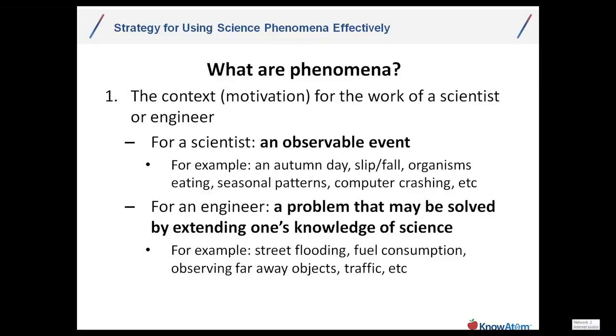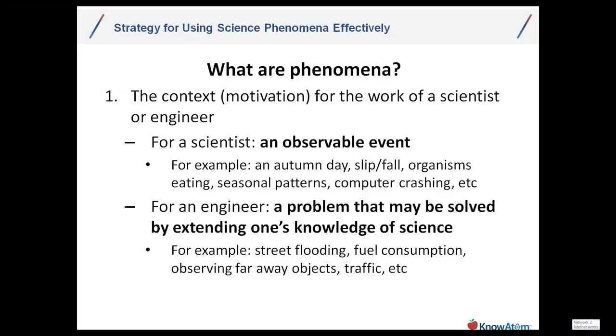For an engineer, their role has to do with a problem that may be solved by extending their knowledge of science. So a way to think of this is street flooding, fuel consumption, how to observe objects that are far away, traffic, how to get from one point to another quicker, how to make boats travel faster.